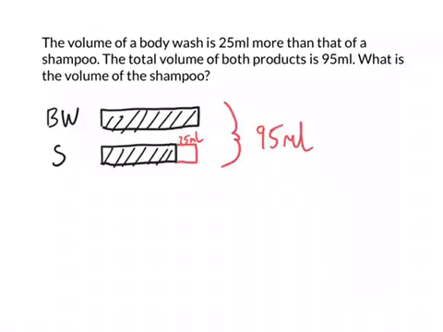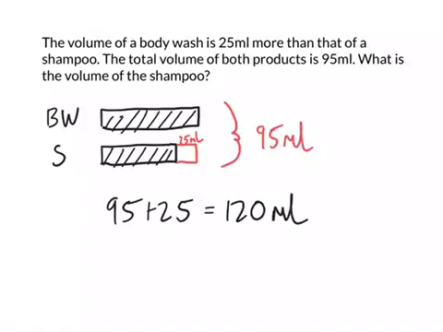If that was the case, we're going to have to change our 95 millilitres here because we've added another 25 millilitres on. So we now need to do 95 add 25, which gives us 120 millilitres. That's the new imaginary amount for both of these, if they were both the same.